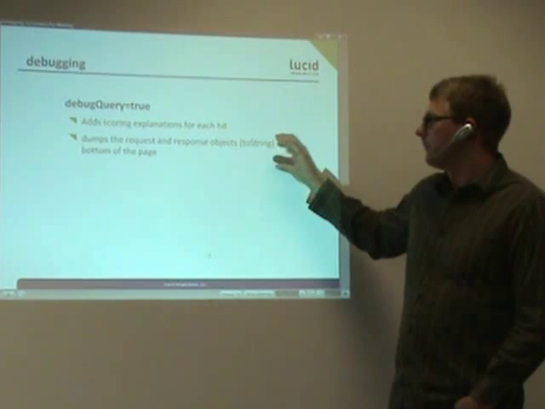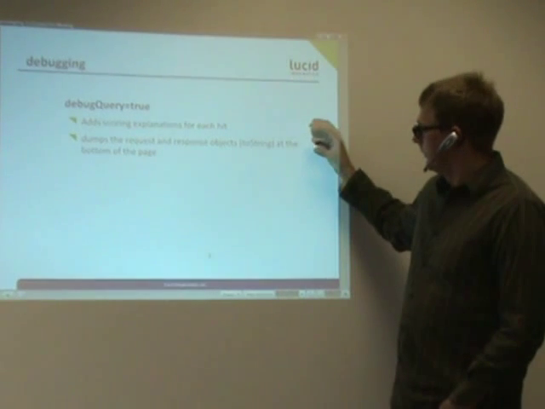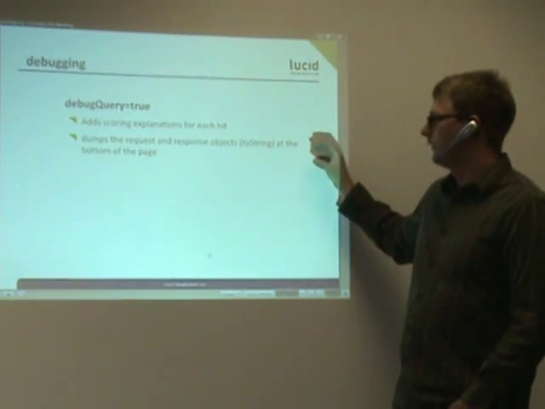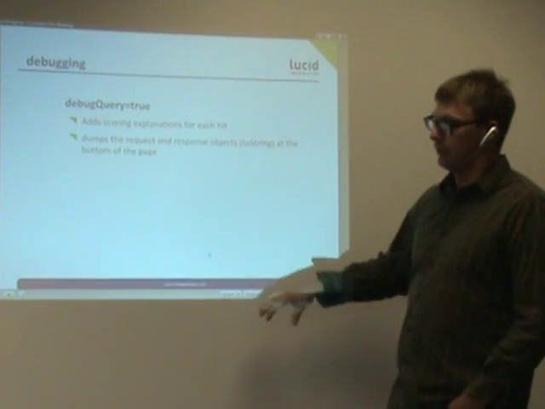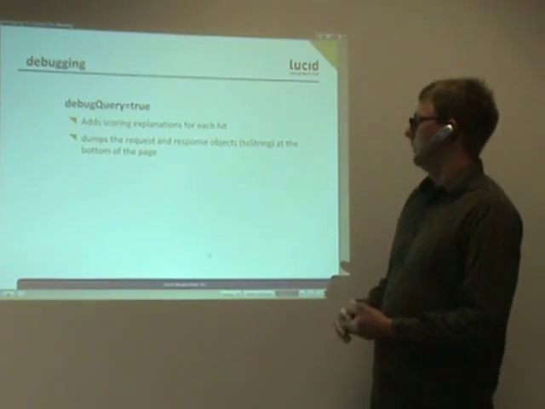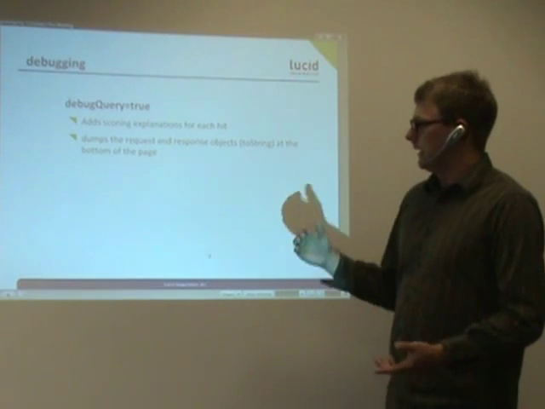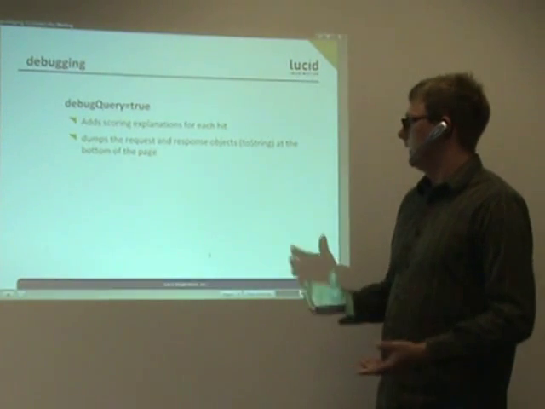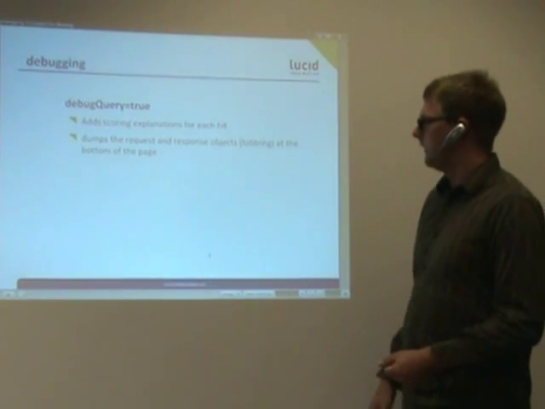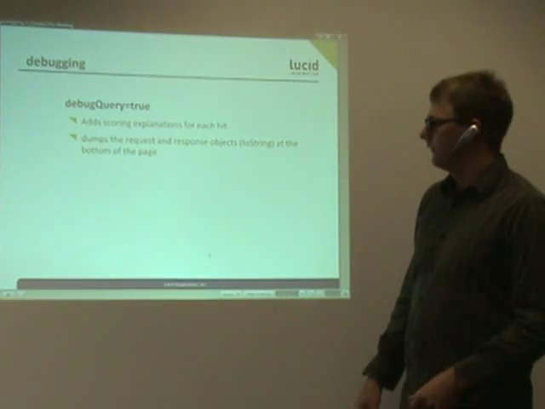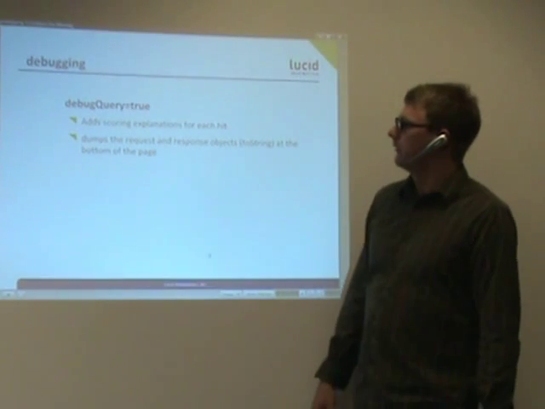And it also, in a slightly more ugly fashion, dumps the request and response objects, the toString versions of those, at the bottom of the page. They're obviously going to be kind of big and kind of ugly, but it is useful to navigate that if you want to see what's coming across in the response.